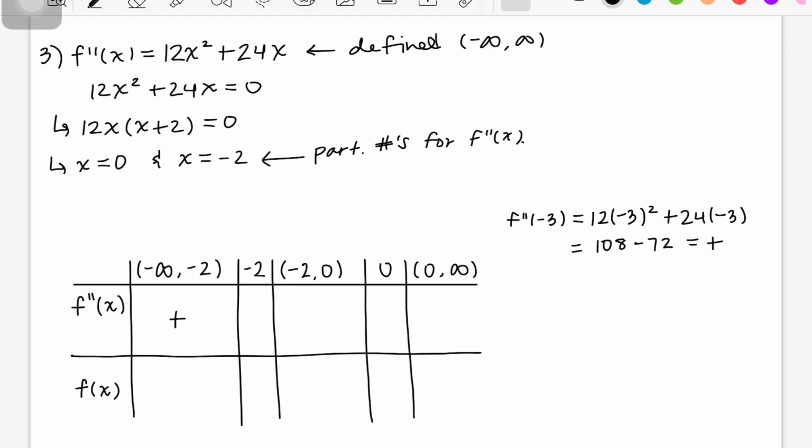So our second derivative is positive. This means our function is going to be concave up. Then looking at our next interval from negative 2 to 0, we're going to plug in negative 1.